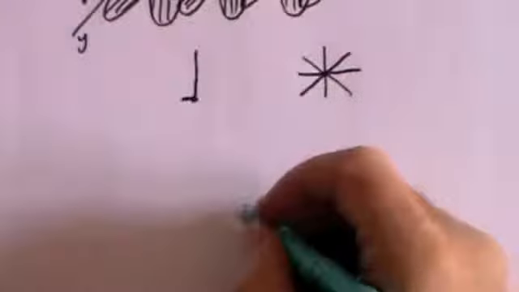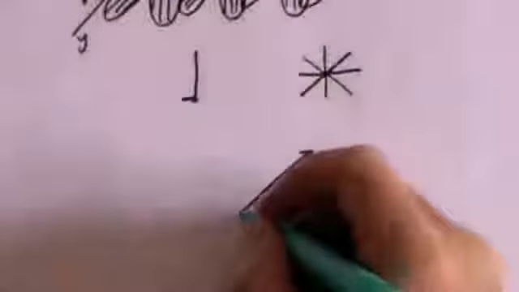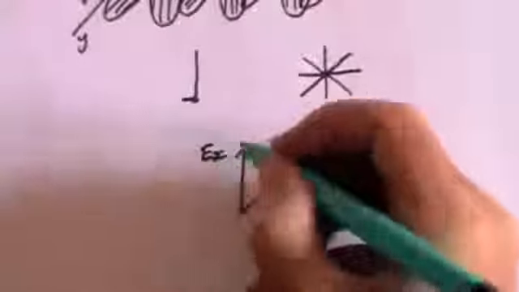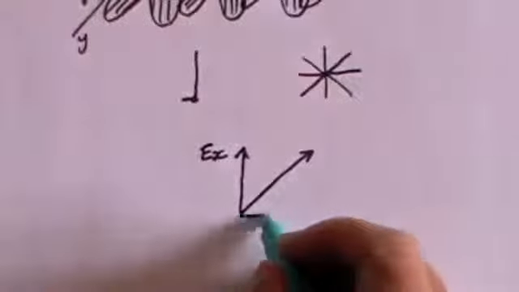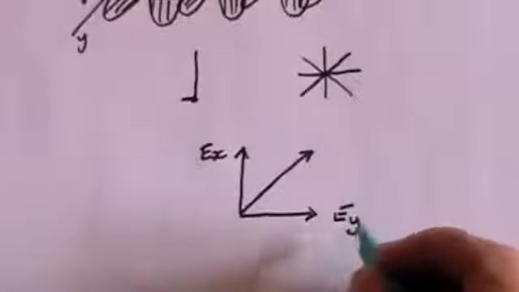Now, whichever way the E field oscillates in the xy plane, let us just for the moment assume that that is the E field oscillating at some angle in the xy plane. We can always resolve that into its constituent parts. We can have an Ex component and we can have an Ey component.